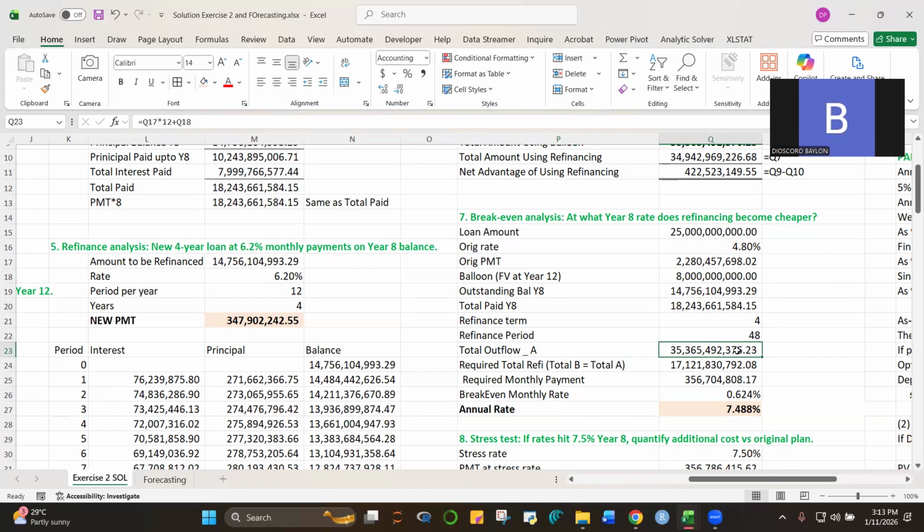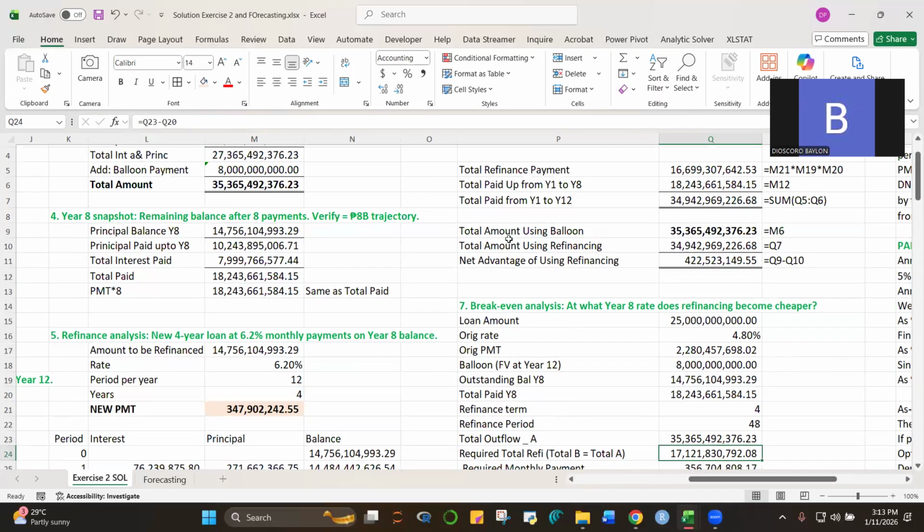This means that the difference, the total amount paid, 35 billion minus the one paid up to year 8, we're getting the difference of that, which is 17. This should be the maximum amount paid for your refinancing.